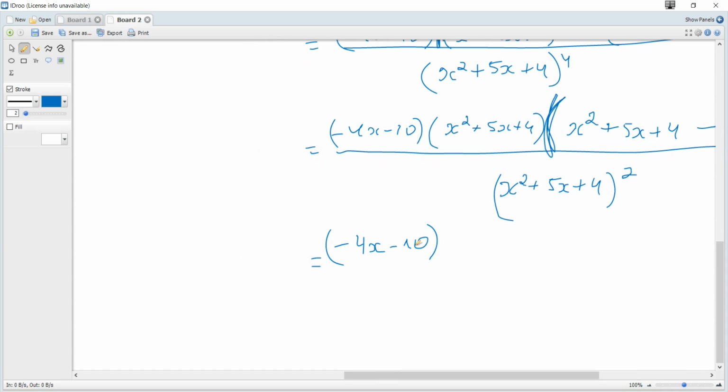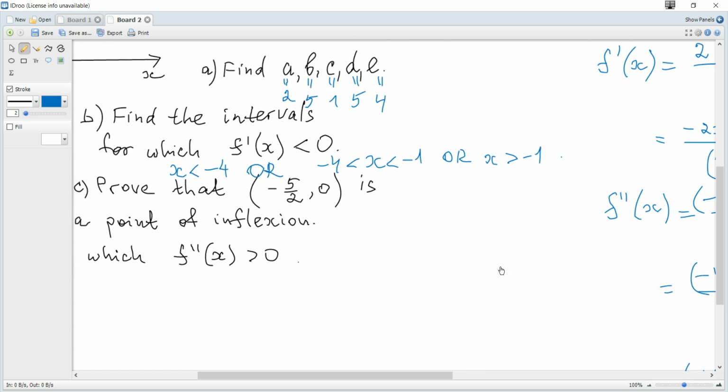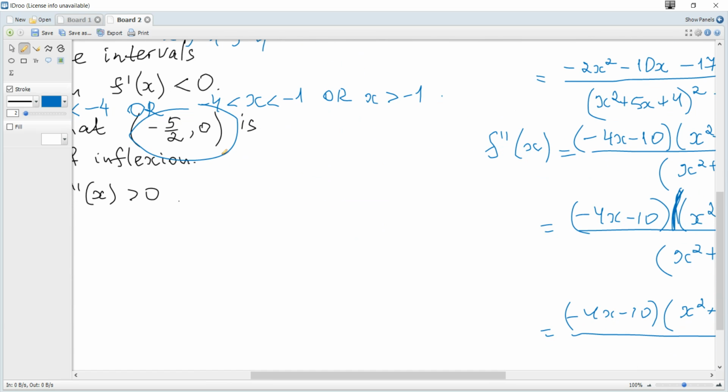And notice that we will not find the point or points of inflection. We will just check or prove that this is a point of inflection. So we need to substitute this into the second derivative and show that the second derivative is 0, and actually it can already be shown because this will be 0.